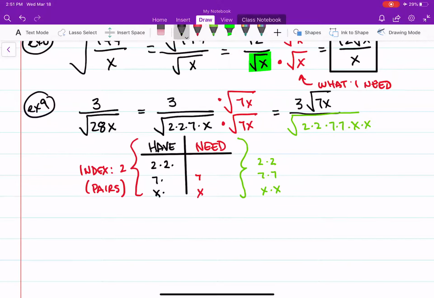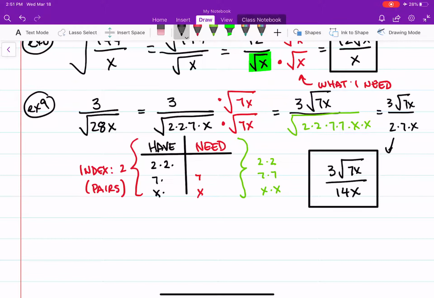So therefore, the top, again, I have 3 times the square root of 7x over, I have a pair of 2s, a pair of 7s, and a pair of x that comes out. So therefore, my radical is gone. So that is going now to equal 3 square root of 7x all over 14x. So there is what my answer would be.